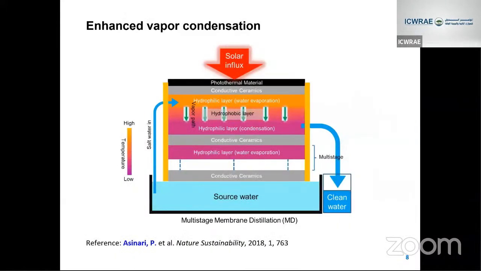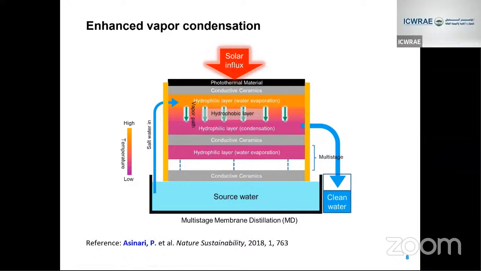At the same time, efforts have been made to enhance the water vapor condensation performance. In 2018, Professor Arsenari in Italy came up with this nice design of multi-stage membrane desalination. You can see here in this design, the water vapor condensation latent heat from a previous cycle will be transferred, reused in the next cycle to drive water evaporation there.